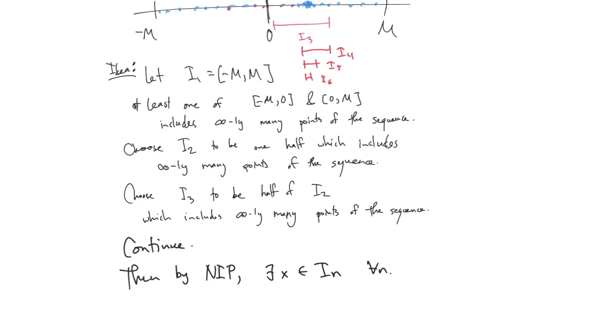Would you believe me if I said that point x is the limit of a subsequence, right? There may be more than one place where infinitely many points sort of accumulate. So that point x might not be the limit of the entire sequence, but it definitely will be the limit of some subsequence. And how could you choose some subsequence which approaches x?